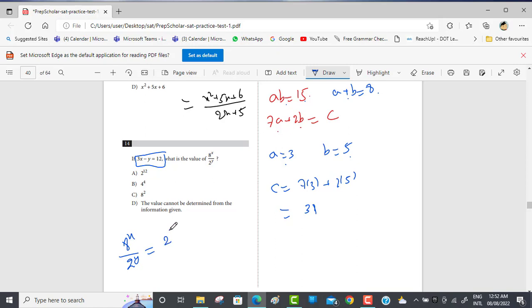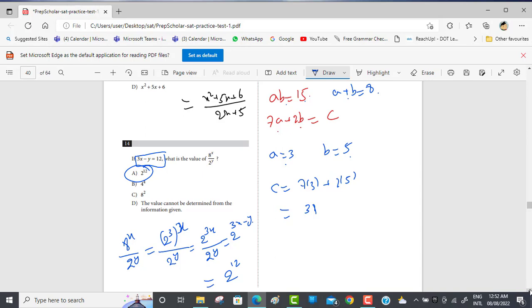So 8 is 2 to the power 3, all to the power x, over 2 to the power y. When we have two exponents, you multiply the exponents. When you divide two powers with the same base, you subtract the exponents. You get 2 to the power 3x minus y, and 3x minus y was given as 12, so it's 2 to the power 12, and the answer is A.